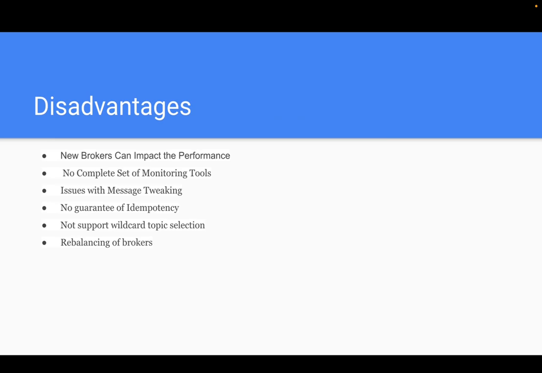If you want to send some message and in between you want to switch it, Kafka will not be able to read that. If you are changing the messages, it will not be able to read them. Idempotency it will not guarantee, because those are two separate systems.